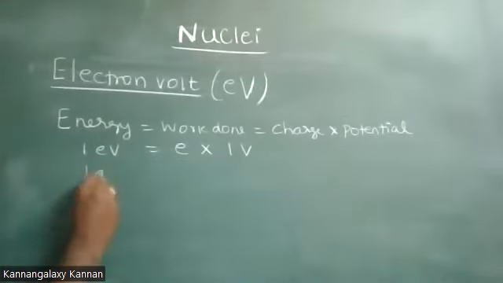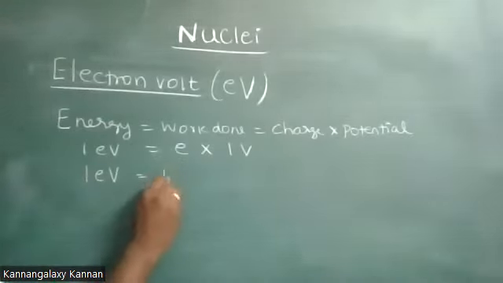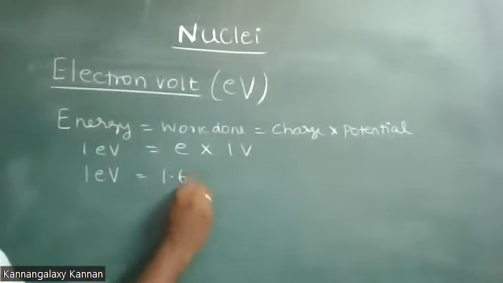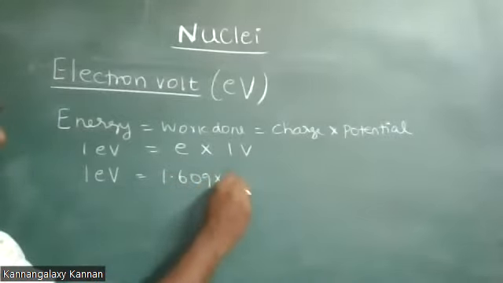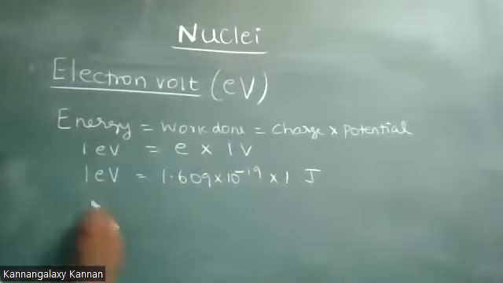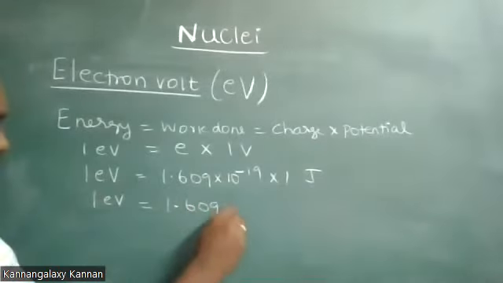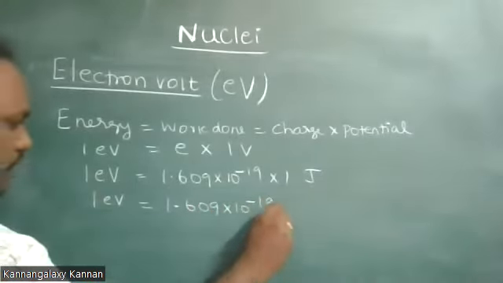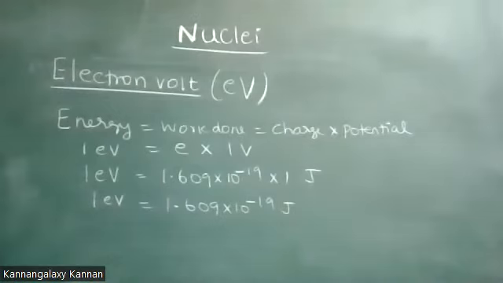What is the charge of 1 electron? 1.609 × 10^-19 × 1 joule. So 1 electron volt is nothing but 1.609 × 10^-19 joule.